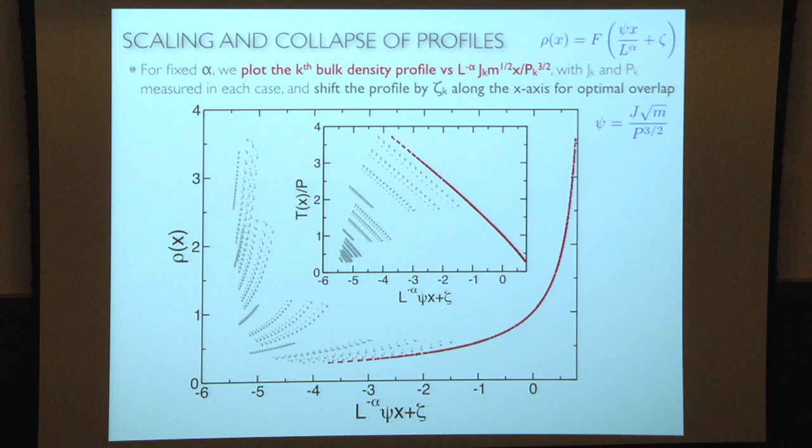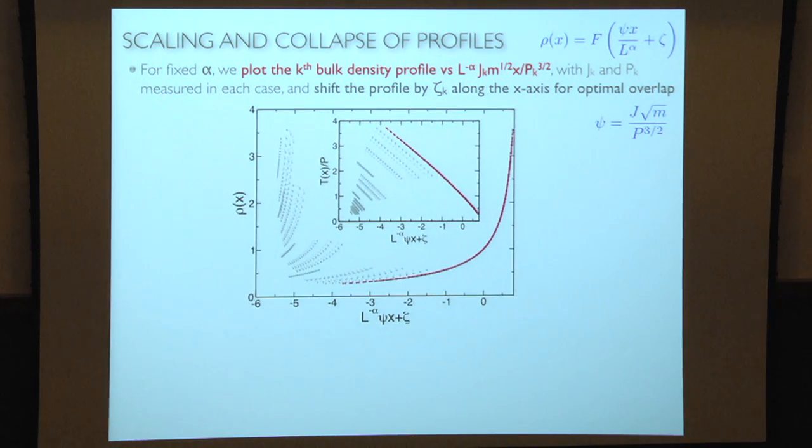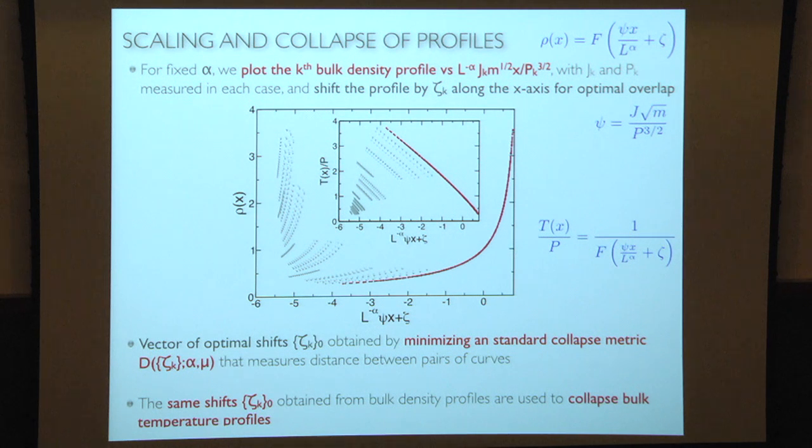And what is alpha? What is the number? Okay, so I'm going exactly to that point now. If you change alpha, of course, the picture won't be as nice as this one. So this is telling you why it's a high precision method. We can define a standard collapse metric, a standard distance between different curves, which is normalized very well. It has been used for many years in simulations.